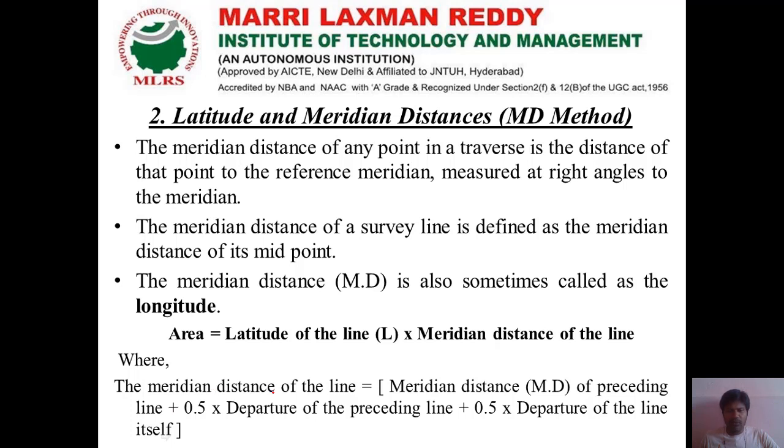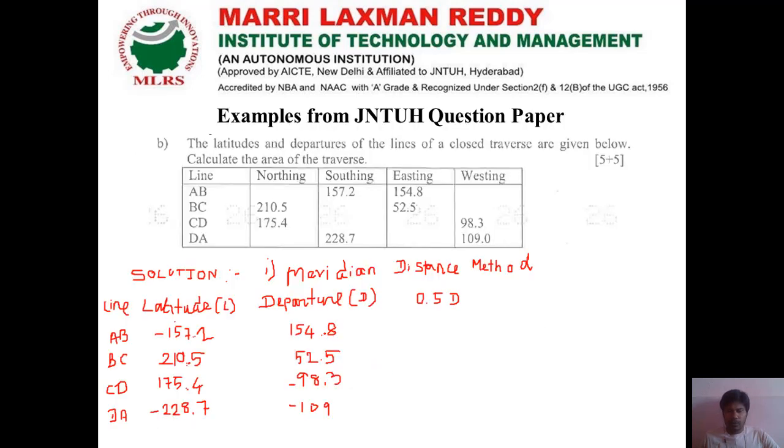For that, we need to calculate 0.5 times the departures, so that we can calculate the area by the meridian distance method.